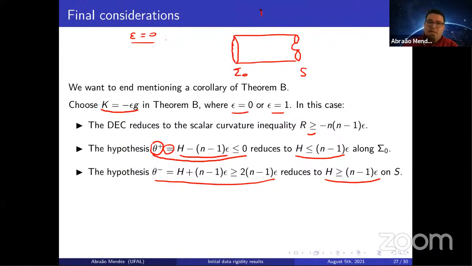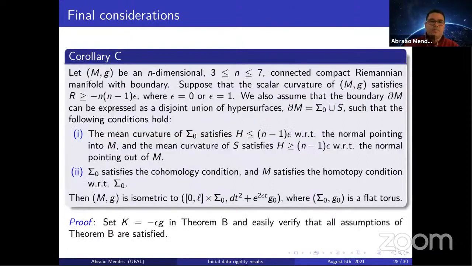And we assume that R, the scalar curvature, is non-negative. Also, we assume that H is non-positive with respect to this normal; if we consider this normal, then H, let me call it in this way, is non-negative. And the mean curvature of S is also non-negative. What we have is a weakly mean convex boundary, okay? Then under these conditions, we can prove this corollary.